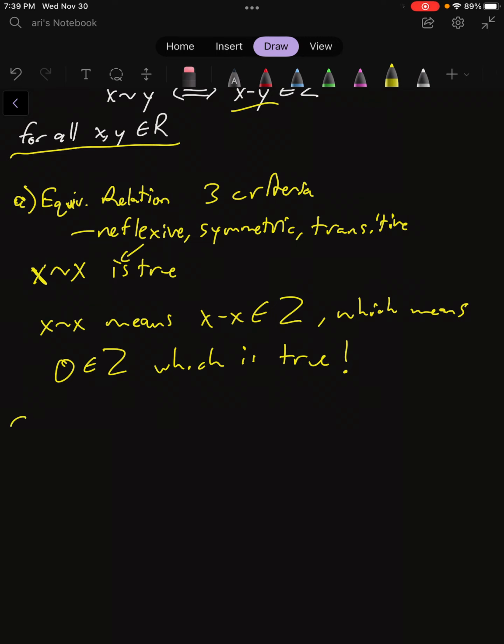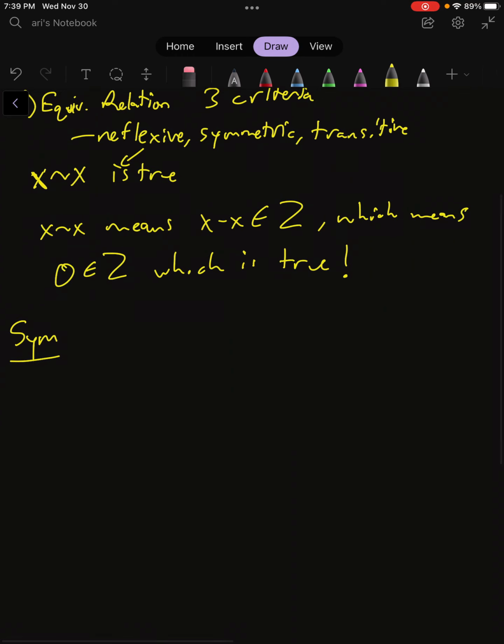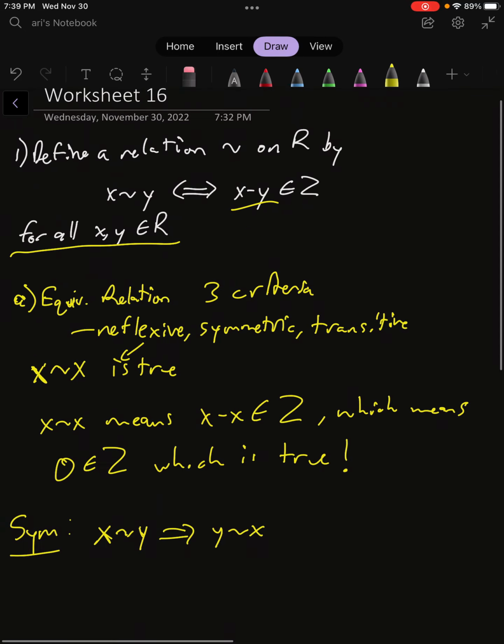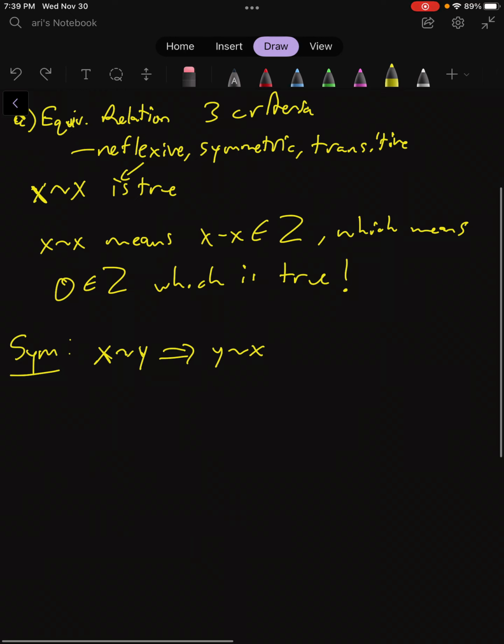Similarly for symmetric, I'm kind of running through this part because we already did equivalence. So for symmetry, we have to show that x tilde y implies y tilde x, that if that first criteria is met, then the opposite relationship is true. And that means that if x minus y is an integer, that implies that y minus x is an integer.